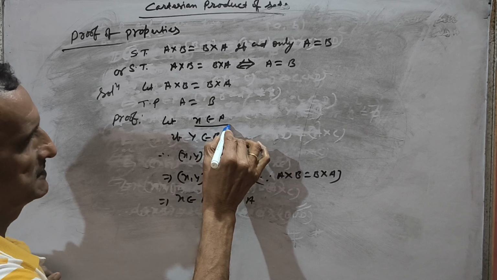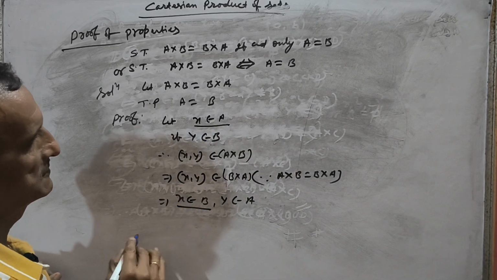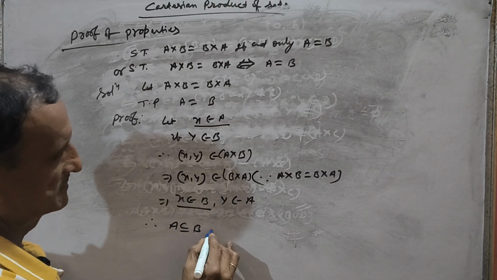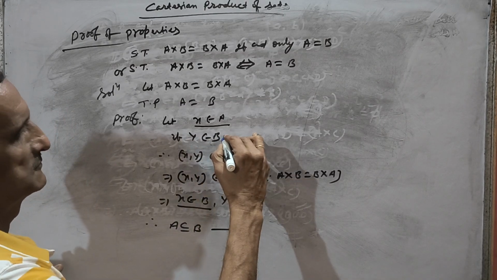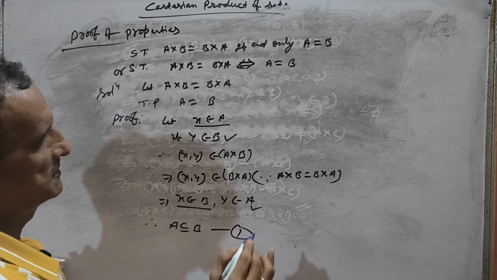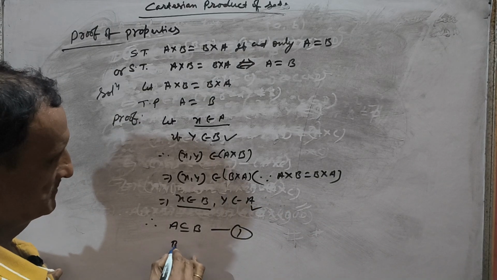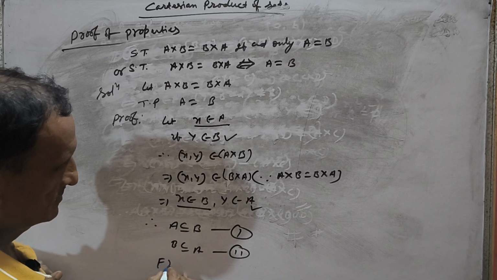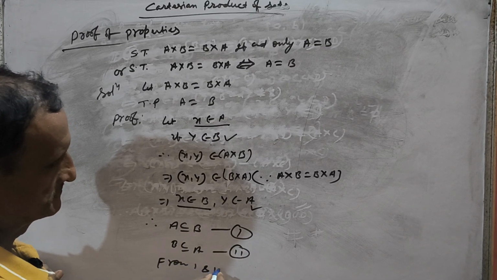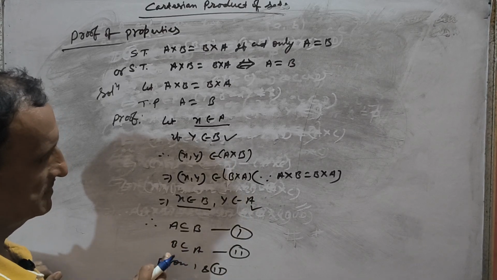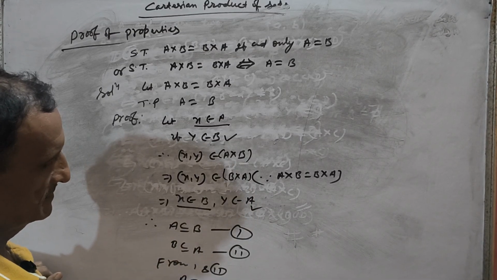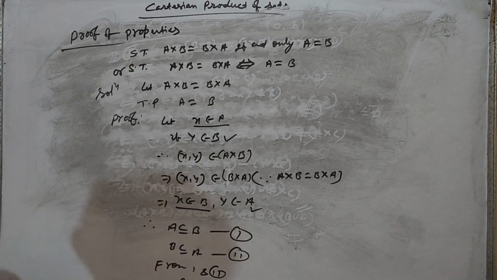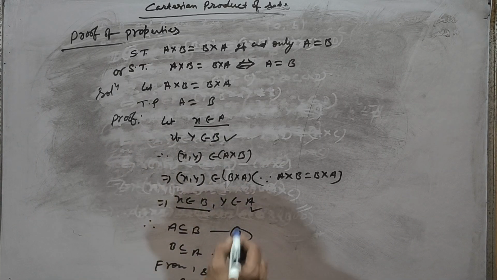Since X belongs to A and X belongs to B, therefore A is a subset of B. And here Y belongs to B and Y belongs to A, so B is a subset of A. If A is a subset of B and B is a subset of A, then A equals B. This is one way.